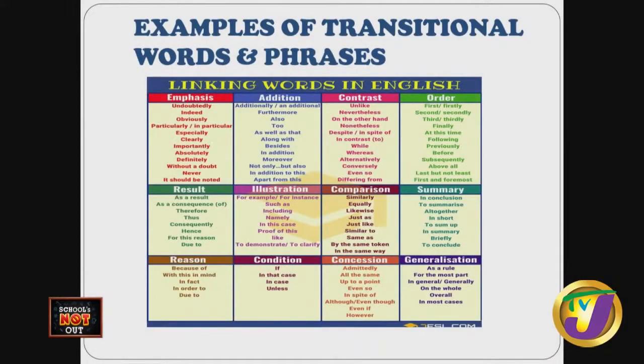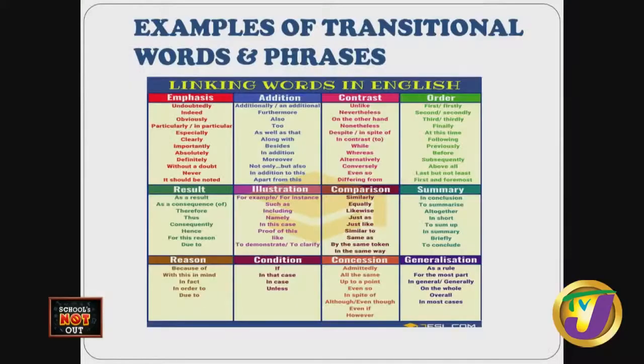So I touched on transitional words and phrases, and there's a lot on the screen. I'm just going to quickly go through the different headings. So we have transitional words and phrases. Let me just pause here and remind you: transitional words and phrases show linkage, connection and cohesion between paragraphs and sentences.